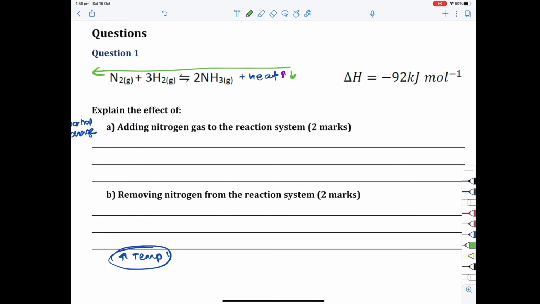The system experiences a disturbance as the temperature is increased, and by Le Chatelier's principle, the system will attempt to decrease the temperature, and since the reverse reaction is endothermic, which means it absorbs the energy and heat, the reverse direction will be favored. Okay, good. I can see your conceptual understanding is very good. You've understood that to a T.